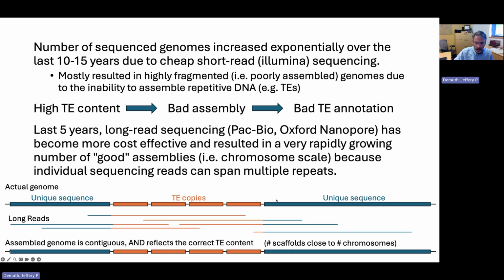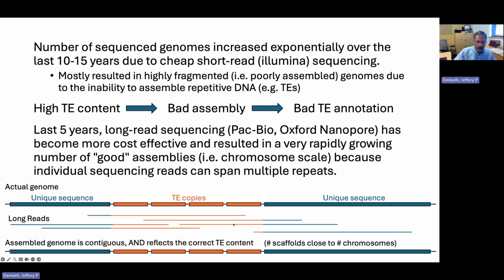So again, we've got our actual genome at the top there. And then when you have these long reads that are, say, 20,000 base pairs long, it actually spans from the unique sequence, either, if not all the way through, at least this read alone tells you that there are at least 4 copies of this transposon in this region.